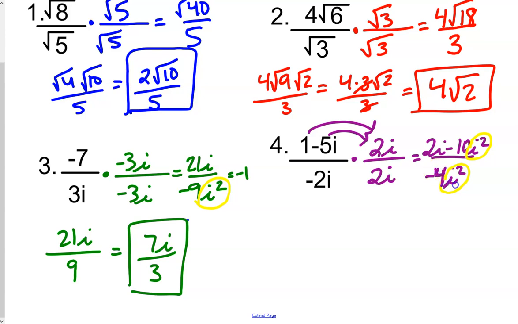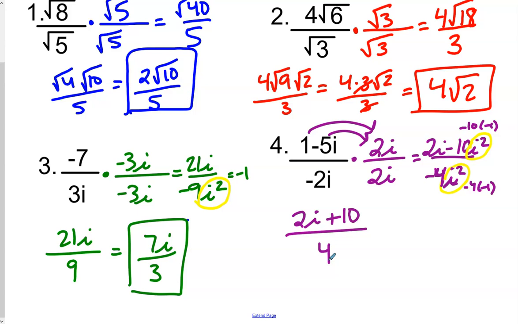So it happened in my numerator and my denominator. In my numerator, that's going to give me 2i. -10i squared is saying -10 times -1, so that's +10. In my denominator, -4i squared is saying -4 times -1, so that gives me +4.